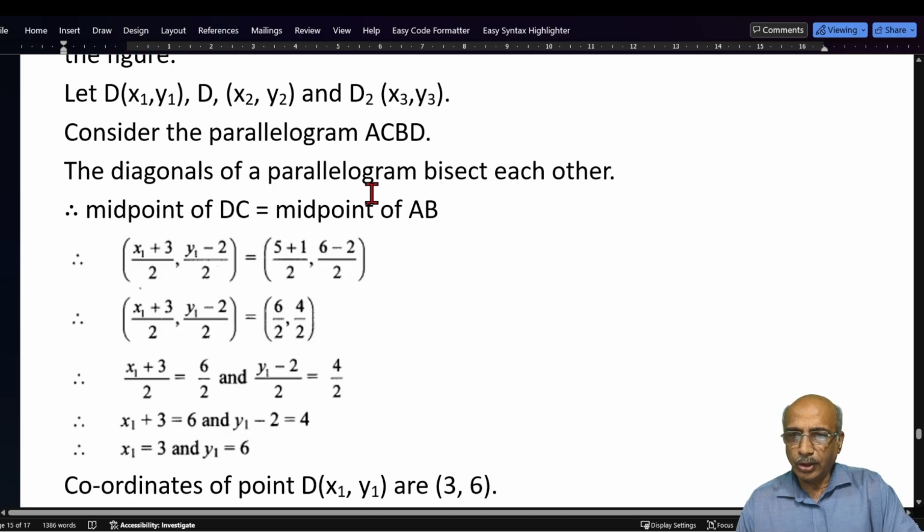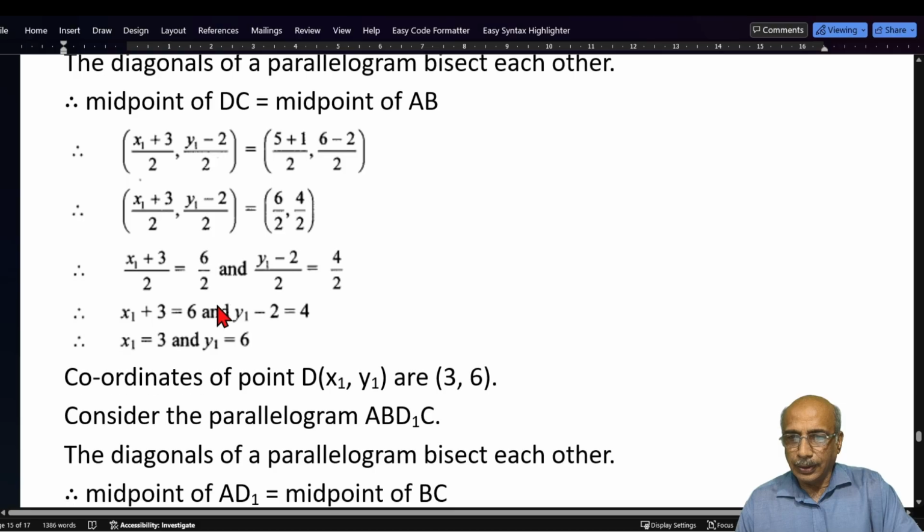The diagonals of a parallelogram bisect each other. Therefore, the midpoint of DC equals the midpoint of AB. D coordinate is given, C coordinate is given, A and B coordinates are given, with variables they may be. So substitute the values here. You will get this equation, and here you will get the equation, and simplify it.